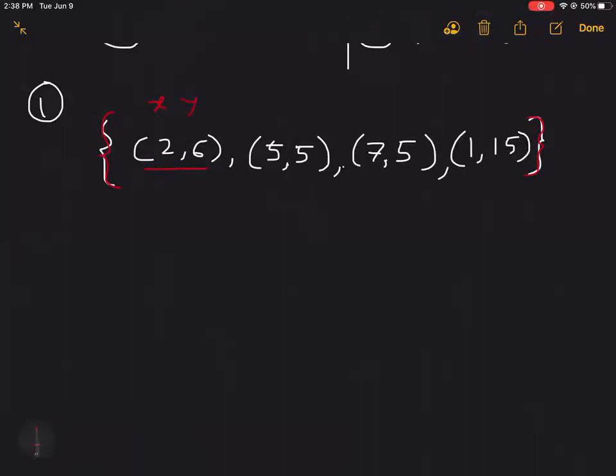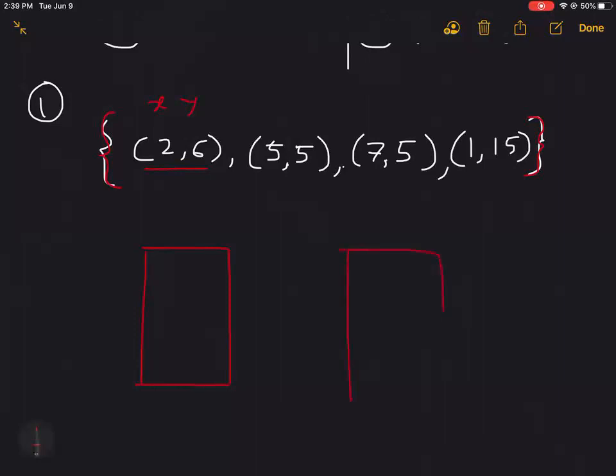The first element is from X, which is the domain, and the second element is from Y, or we'd say the range. Okay, so now we need to check whether this relation is actually a function or not. Okay, so what you can do, you can actually eyeball it though. You don't need to graph it. I'll soon show how it can actually be eyeballed to check whether it's a function or not, okay?